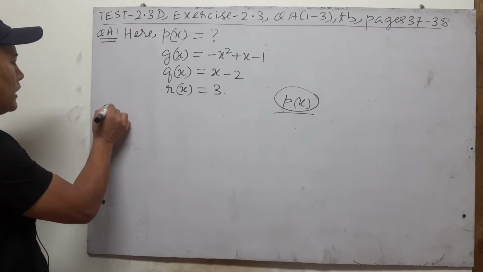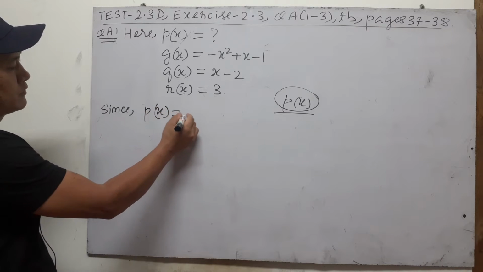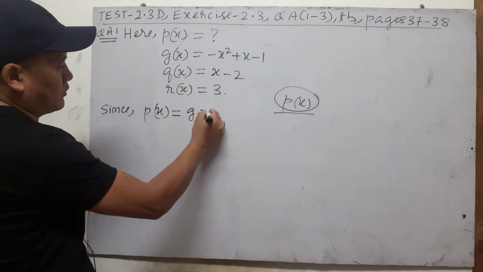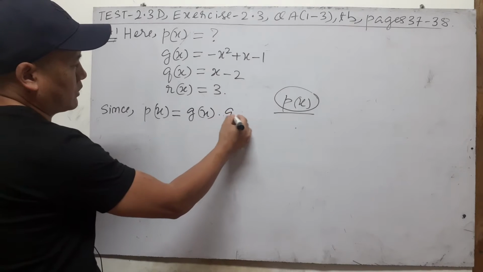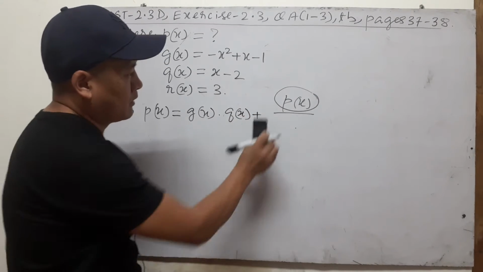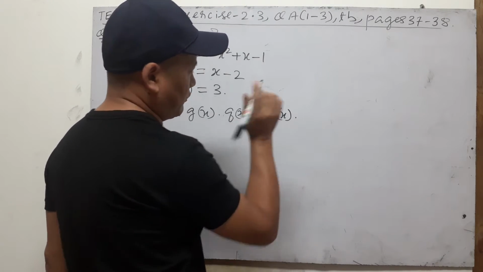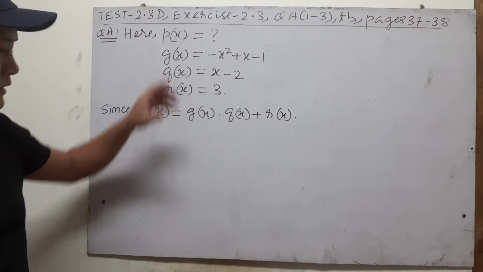Now by the division algorithm, p of x, which is the dividend, is equal to divisor g of x into quotient q of x plus remainder, the division algorithm.